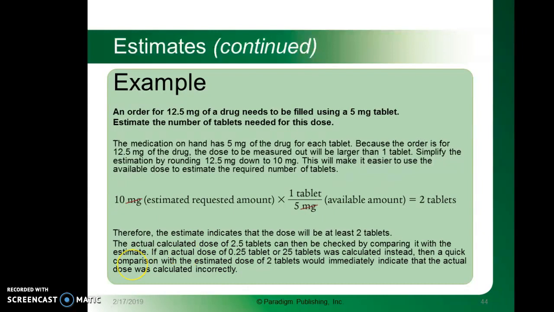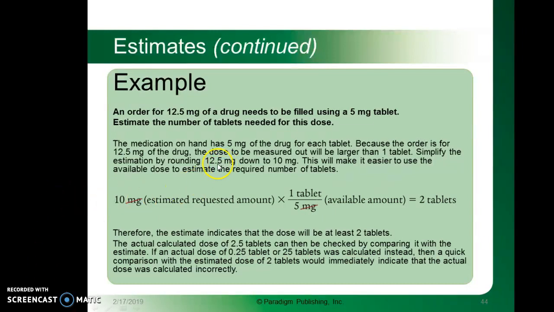Before moving on, the actual calculated dose of 2.5 tablets can be checked by comparing it with the estimate. If an actual dose of 0.25 tablets or 25 tablets was calculated instead, then a quick comparison with the estimated dose of 2 tablets would immediately indicate that the actual dose was calculated incorrectly.